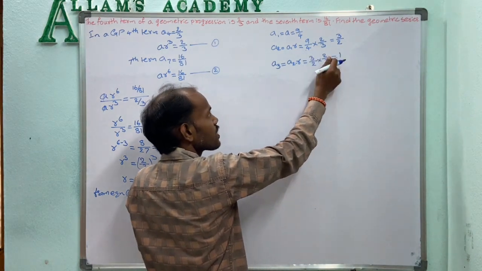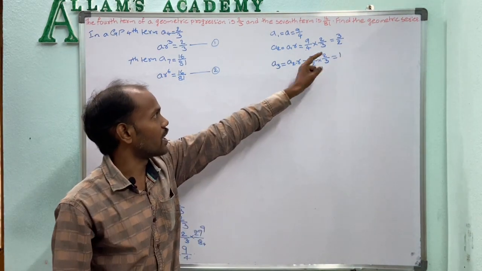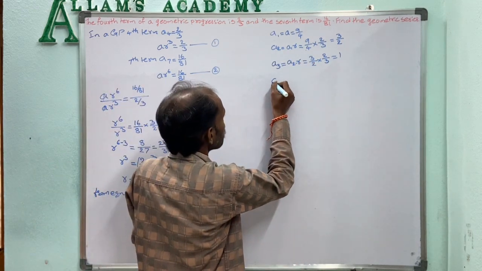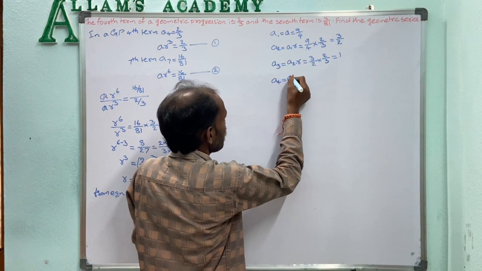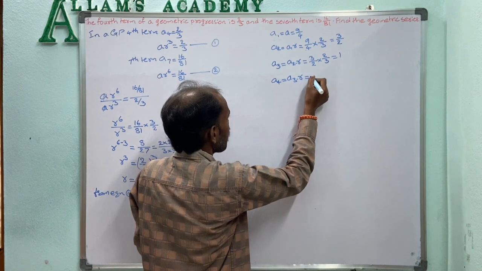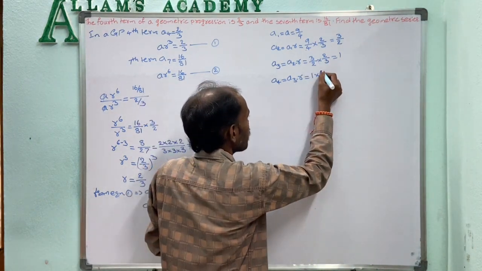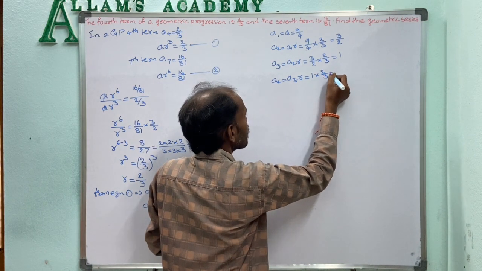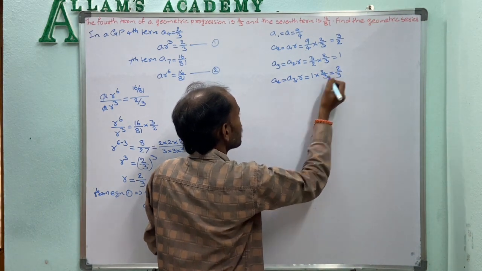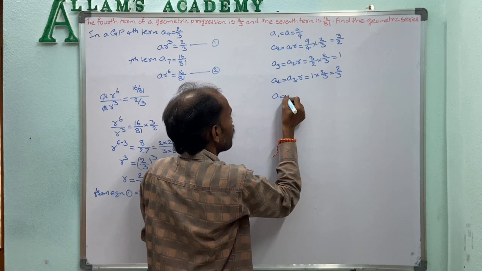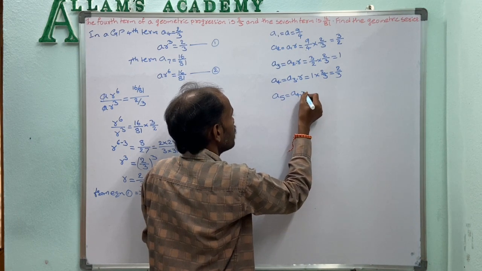So we get 1. Now the fourth term a4 is the third term times the common ratio. The third term is 1 and the common ratio is 2/3, so 1 times 2/3 is 2/3. And the fifth term a5 is a4 times r.